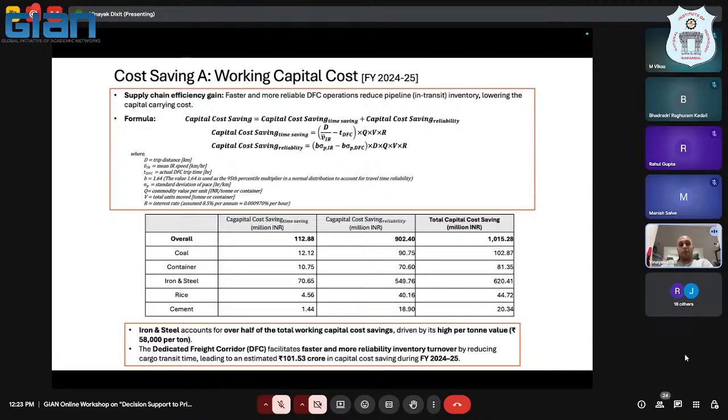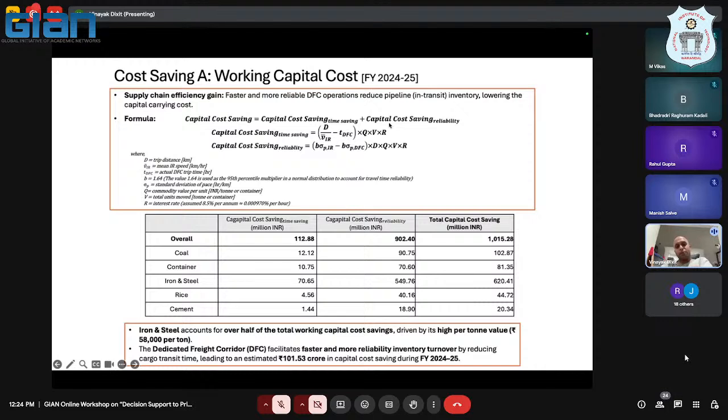And then you multiply that with the total units moved. So what was the total volume that was moved? That gives you the total inventory, the total capital that is being moved, and the fact that the travel time has been saved. And R is the interest rate.